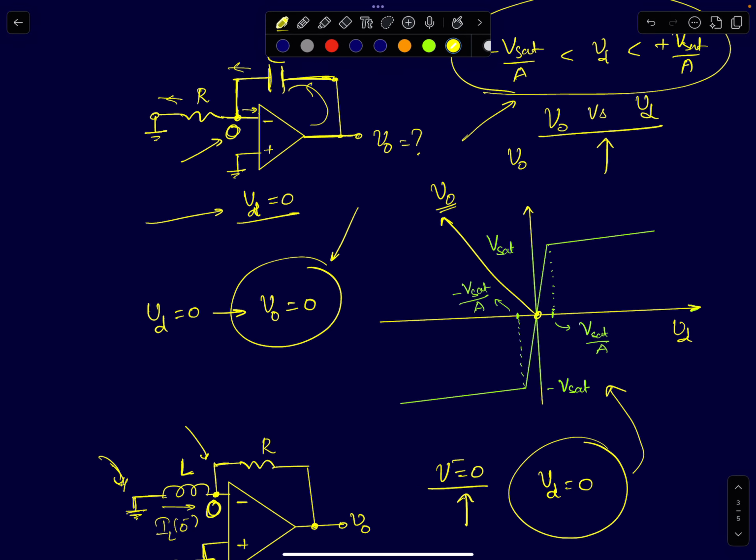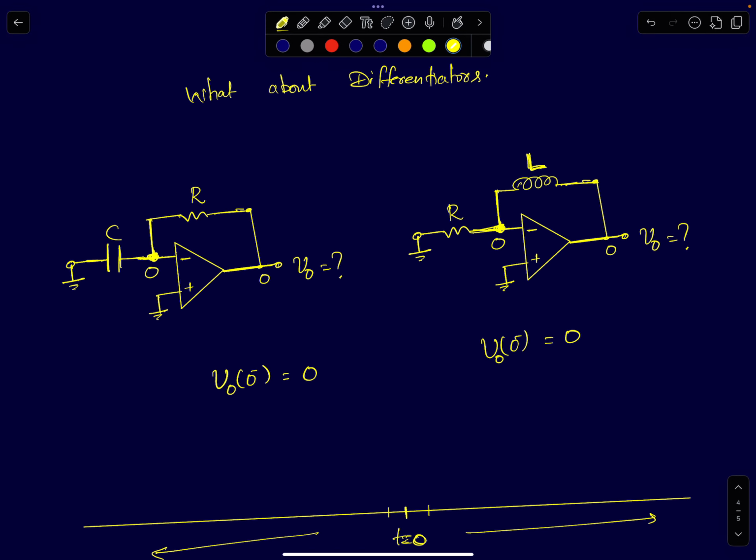On the other hand, if you look at a differentiator circuit, the differentiator will have proper DC feedback in the steady states. The capacitor here will act like an open circuit and there is a perfect DC feedback. The resistor is feeding the output signal back to the inverting terminal, so it will act like a voltage follower.